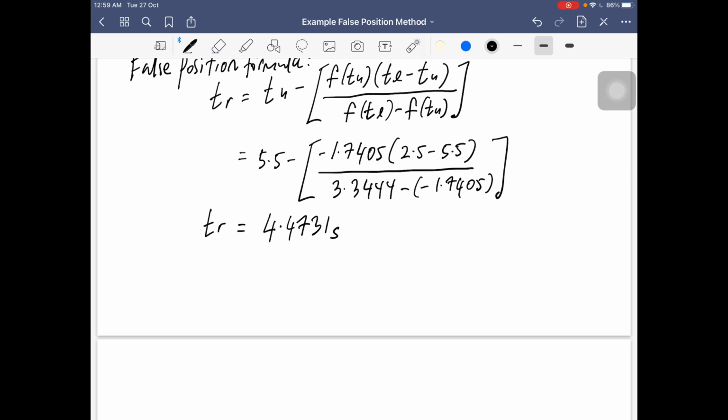So now we calculate F(TR), so F of 4.4731.